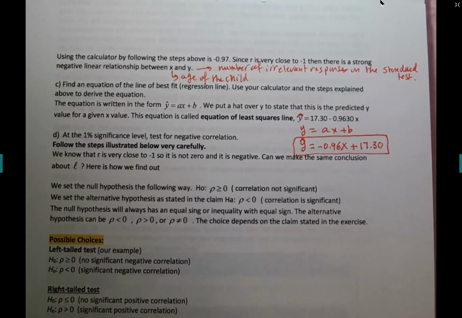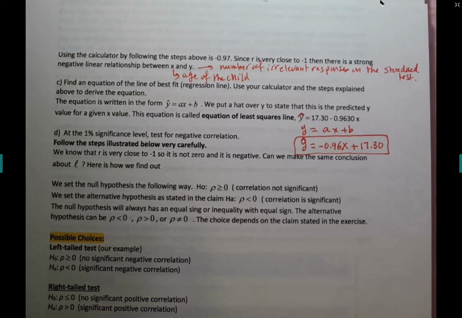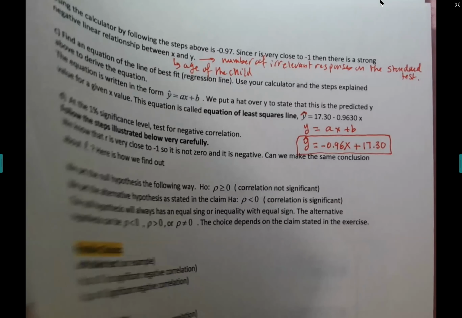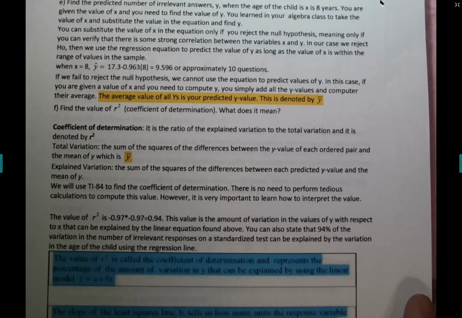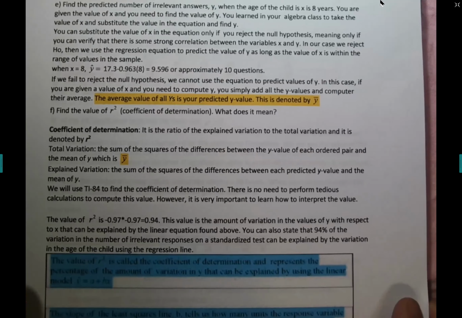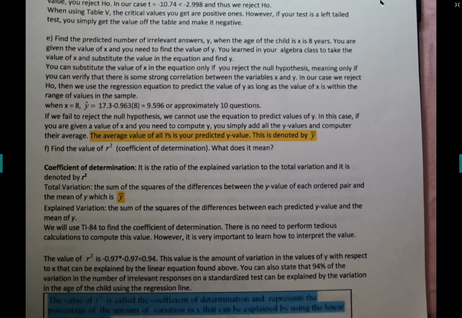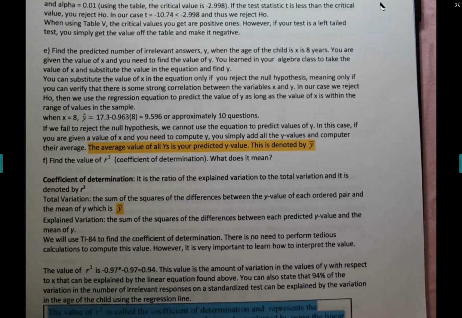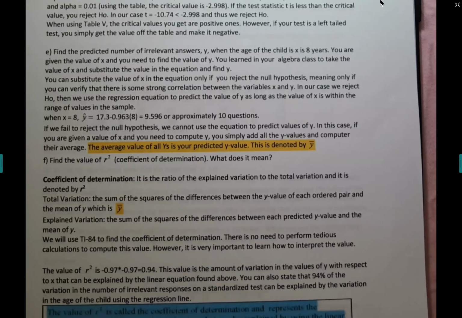Right. Now, so we did A, we did B, we did C. I'm going to leave D till Wednesday, and I'm going to do part E now. You can see a lot of explanation, guys, because I'm trying to explain everything in the handout. But watch here. Find the predicted number of irrelevant answers on a standard test Y when the age of the child is 8 years.